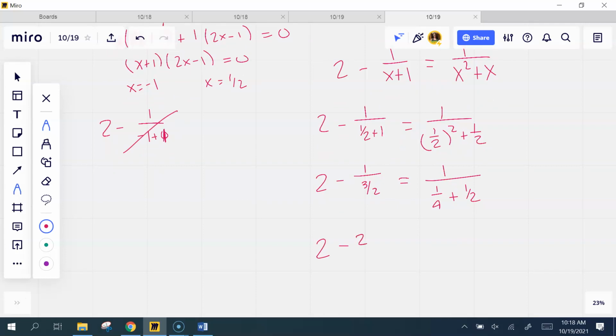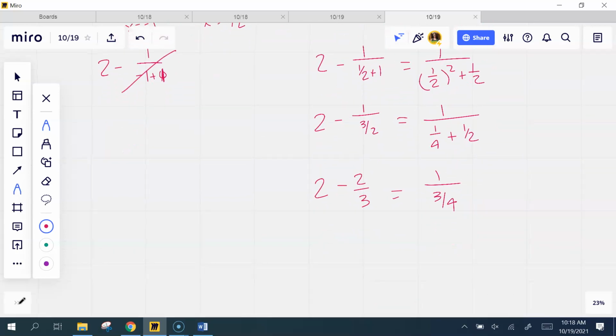Reciprocal it. 2 minus 2/3 would equal 1 over a quarter plus a half would be, y'all can do that, 3/4. Thank you, Dylan. 2 minus 2/3 would be, you have 2 whole and you take away 2/3, what do you have left? 1 1/3. Flip that one around, 4/3. Is that the same thing? So that is a good solution. So one extraneous and one real.